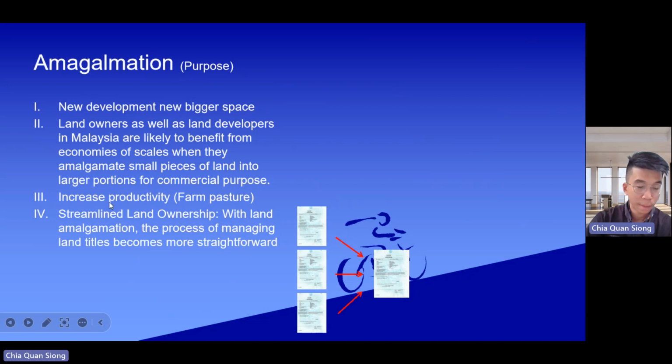The third one is agricultural land, when they want to keep more livestock or plant more plants, they need to amalgamate the land as well. The last one is to streamline land ownership. With land amalgamation, the process of managing land becomes more straightforward. Meaning to say, it will be easier for them in terms of file management, from a few titles into one title.